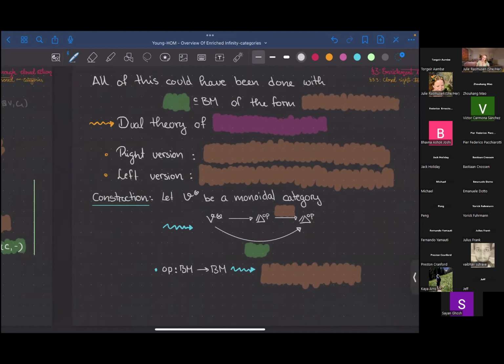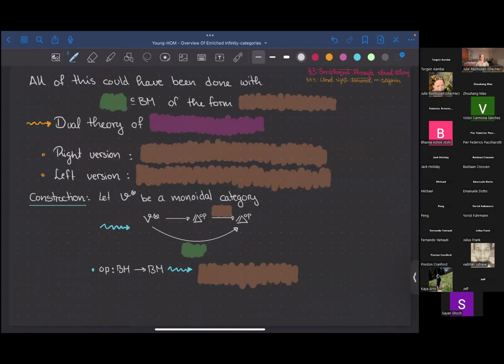And the thing is, everything we just did with Rm could dually have been done for Lm. So Lm is the full subcategory of Bm of the strings of the form that either have just one or no ones in it. And so we can get a dual theory of left tensored. And the main difference that one will see is the composition of the morphism objects.